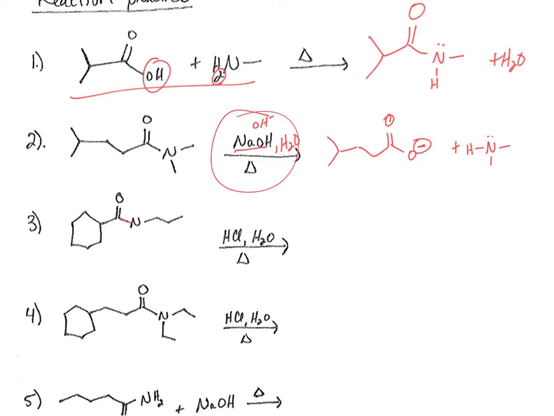I'm going to break this bond right here, and in doing so, I end up with a carboxylic acid that's here. Oh, that was not good drawing, sorry. OH plus, I've got an NH.